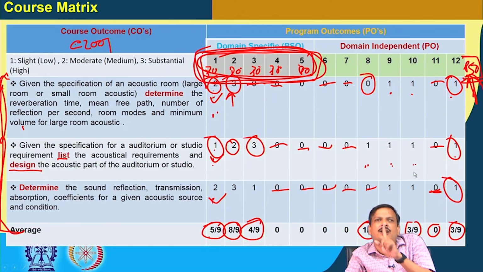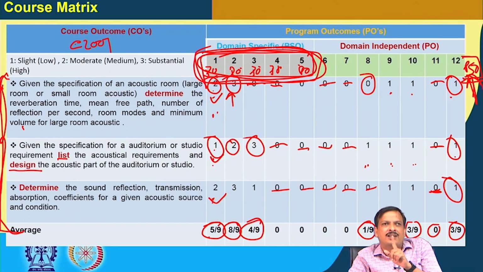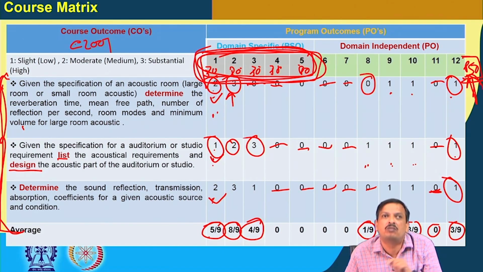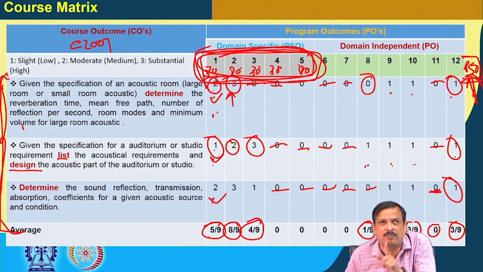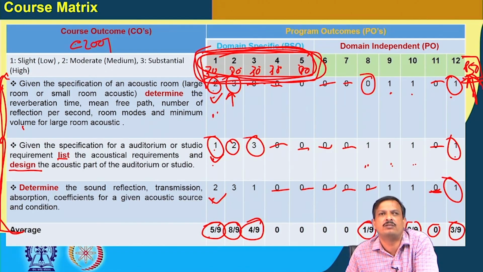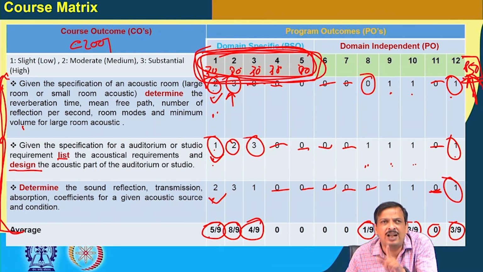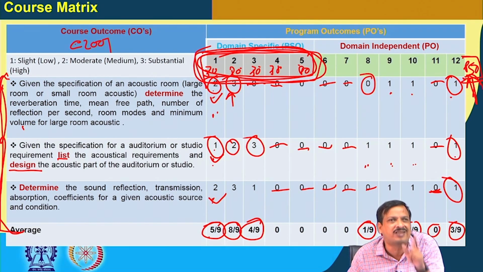If each CO supports lifelong learning, that means during your teaching learning, you have supplied an adequate number of assignments related to each CO. Unless you supply that, you cannot claim that your course fulfills the self learning requirement. So, it is only possible when you develop the entire curricula in an outcome based manner, which I have explained in week number 3 and which you have done in the portal.